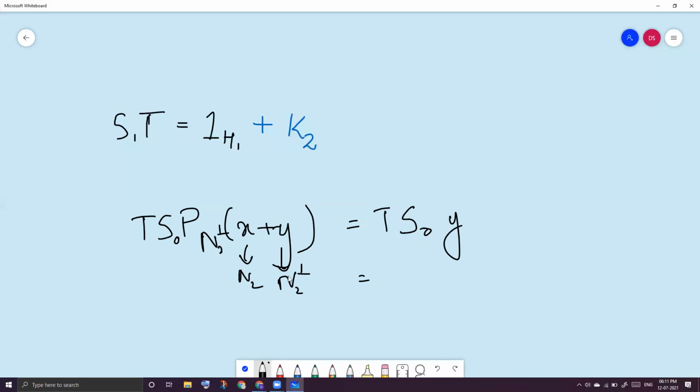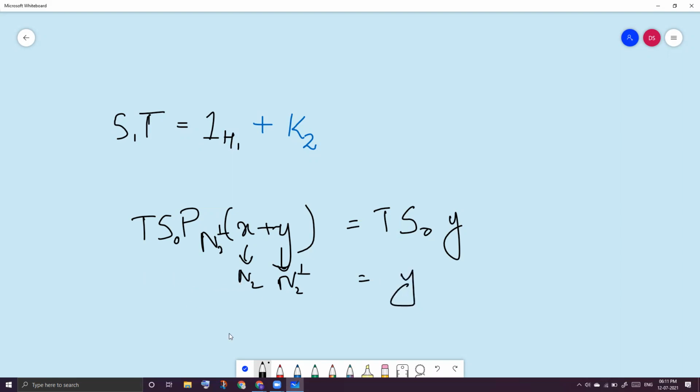So T S0 restricted to N2 perp was the identity map of N2 perp, because we defined S0 to be the inverse of T on N2 perp. So this is y.